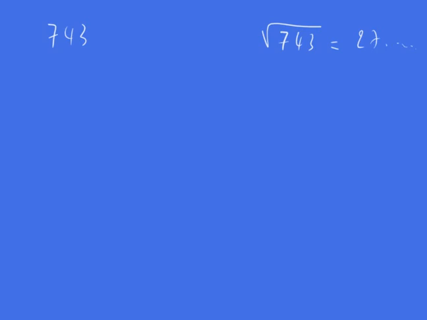So the prime numbers less than 27 are 2, 3, 5, 7, 11, 13, 17, 19, 23. The next is 29, which is greater than 27. We start to test each one.